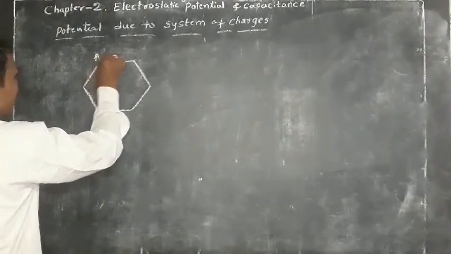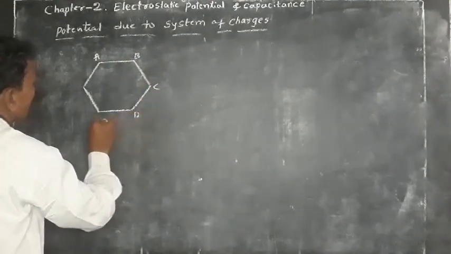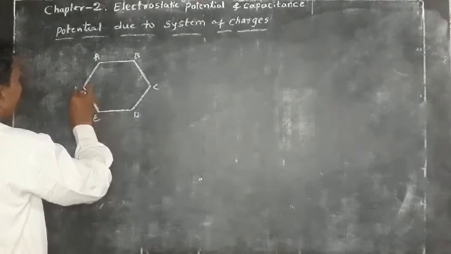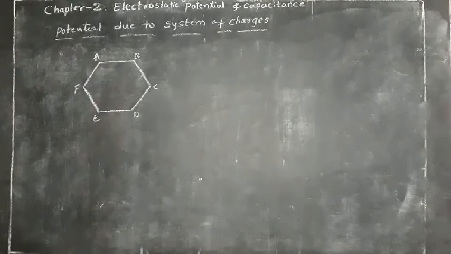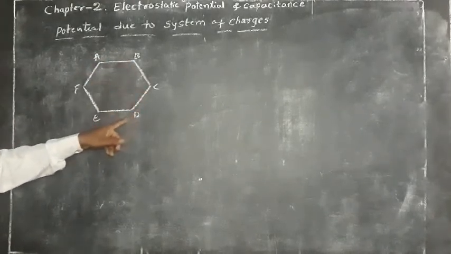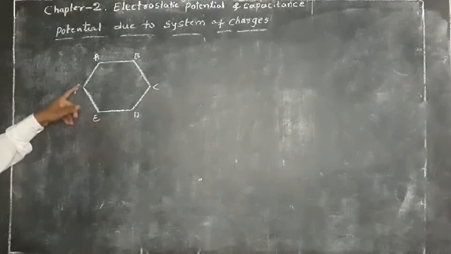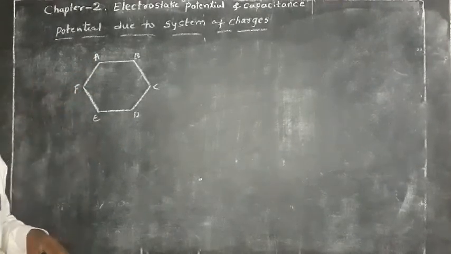Let A, B, C, D, E and F be the vertices of this hexagon, and each side, that is AB equal to BC equal to CD equal to DE equal to EF equal to AF equal to 10 centimeter.